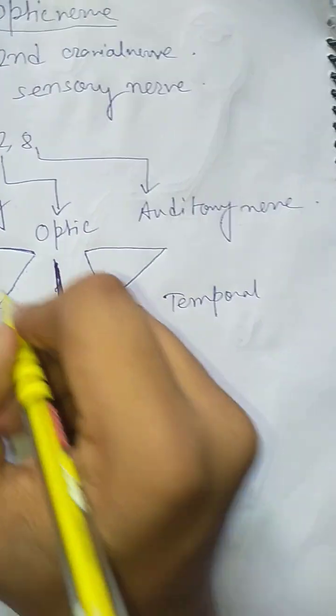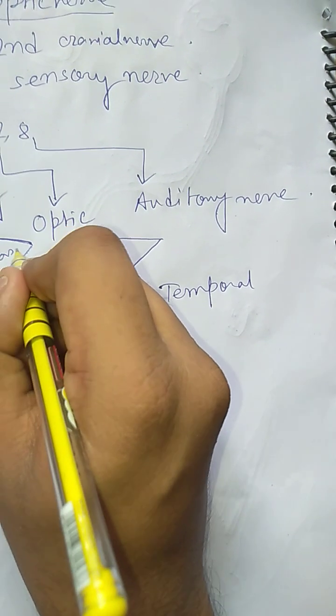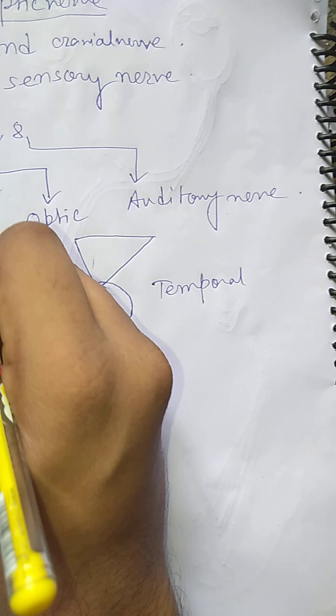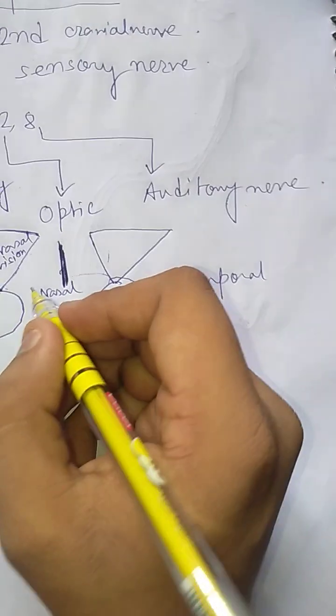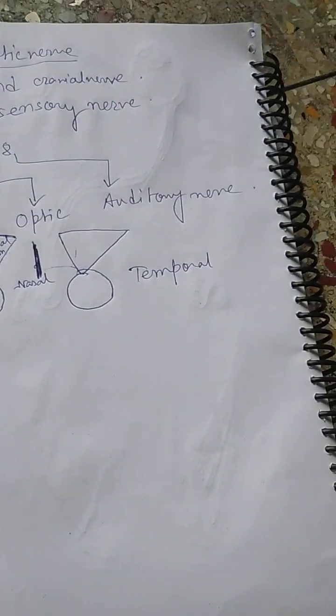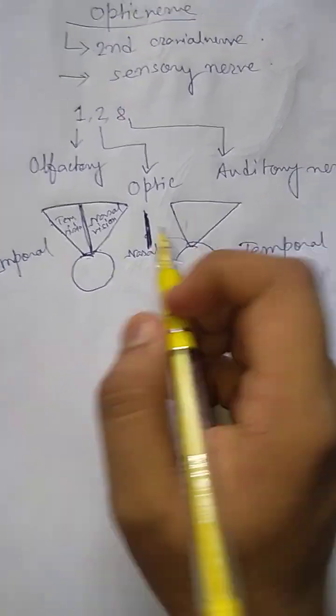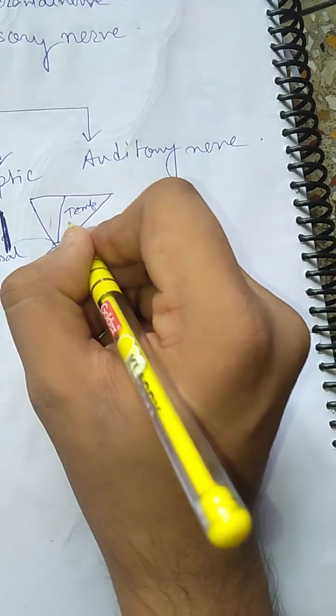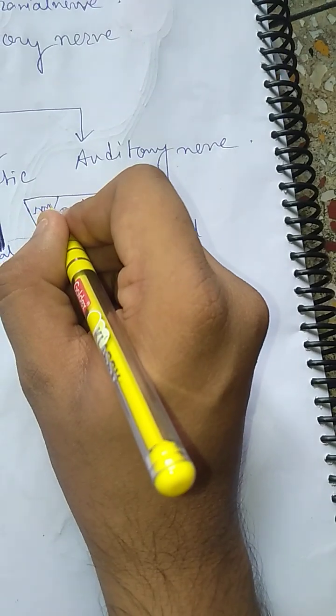This vision is nasal vision and this vision is temporal vision, because it is present on the side of the nasal, so it is nasal vision and it is temporal vision. This is also temporal vision and nasal vision.